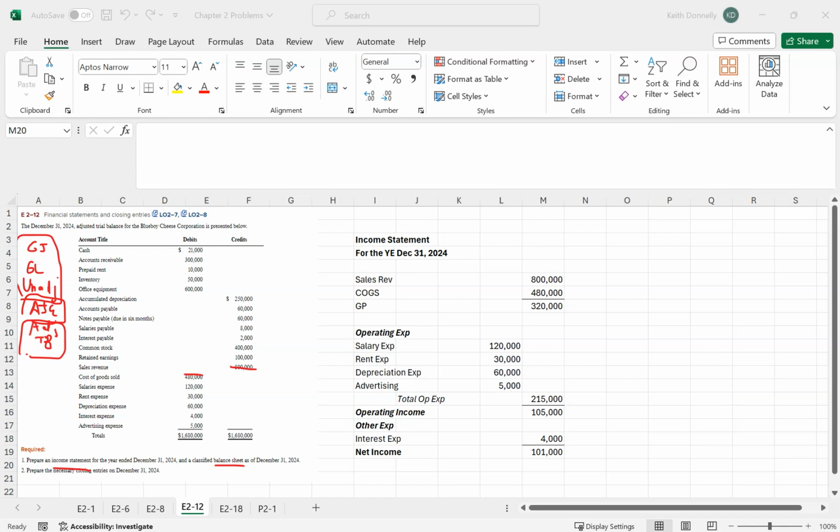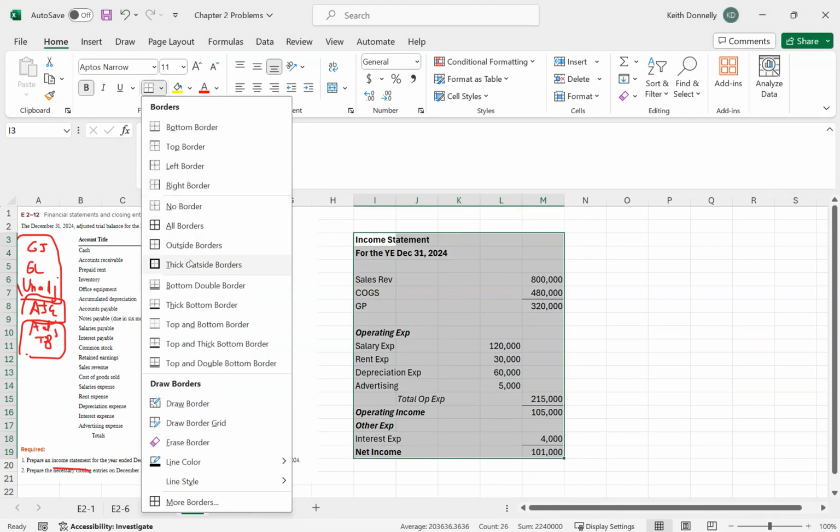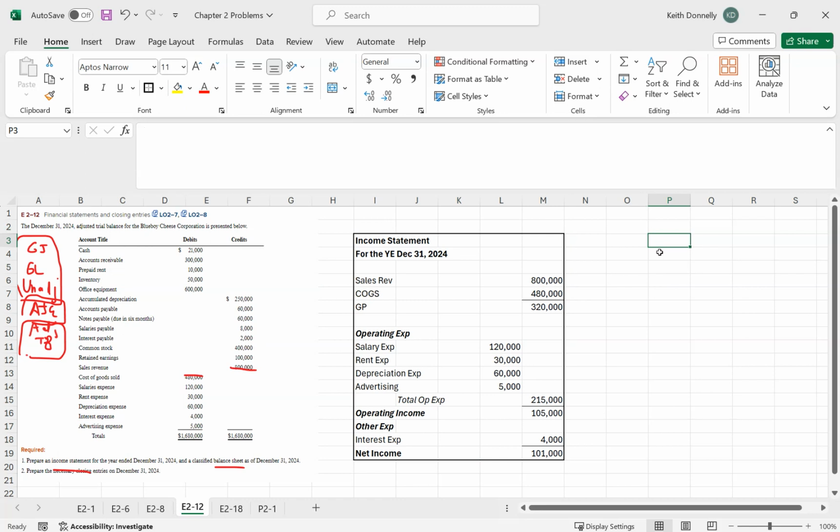Okay, so we did the income statement. Now let's do the balance sheet, right? Maybe I'll put a box around this just to help bifurcate. All right, next, let's do the balance sheet, okay?